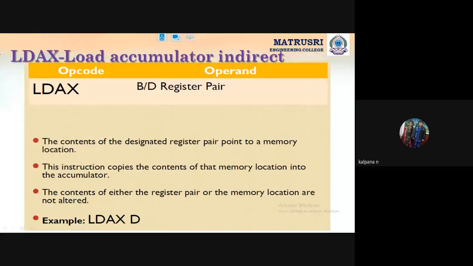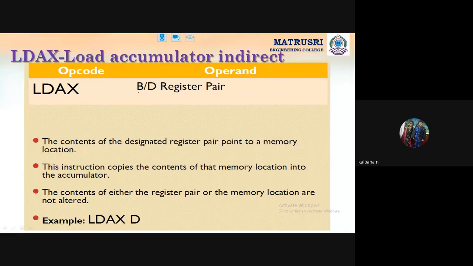So here LDAX means load accumulator with the register pair. This is the syntax, LDAX, and you can mention any register pair. If you mention B, it will by default consider the other register in the pair, which is C. BC is one pair, DE is one pair, HL is another pair.